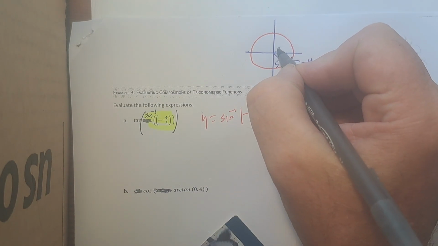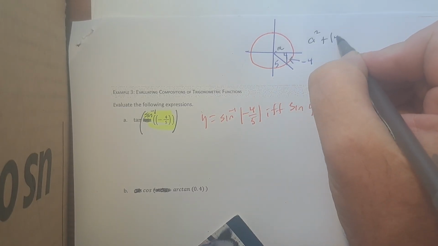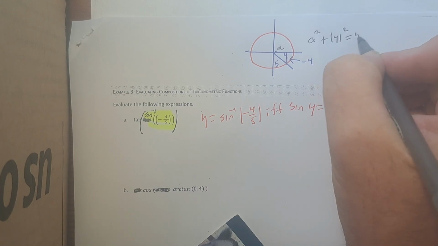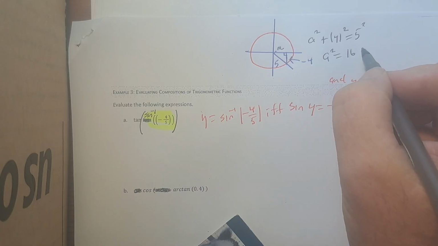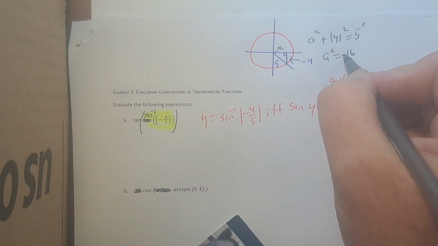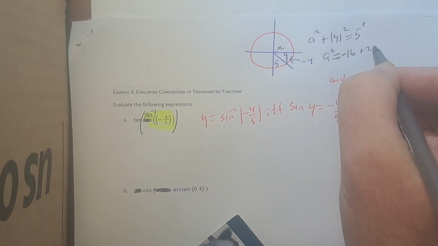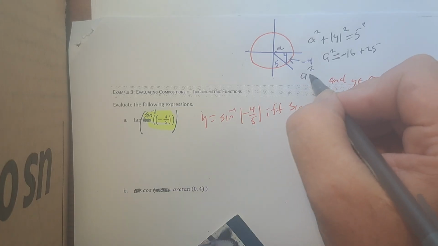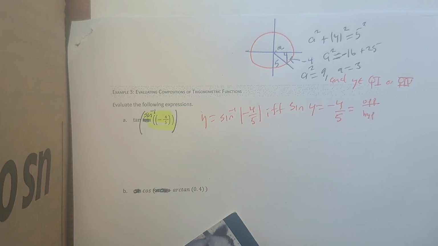So we're going to call that A for adjacent and say that a squared plus 4 squared is 5 squared. So a squared is 16. I'll have to move it to the other side. It'll be a -16 plus 25. So a squared is 9. So a is 3. Okay.